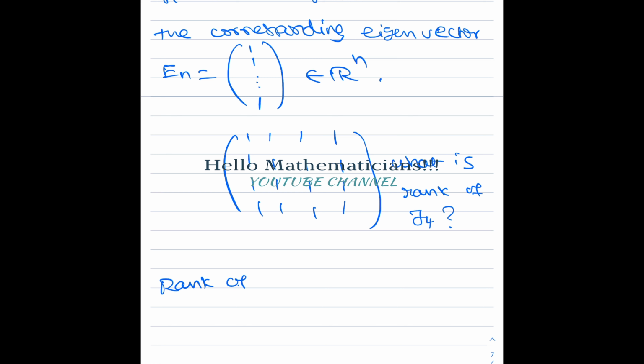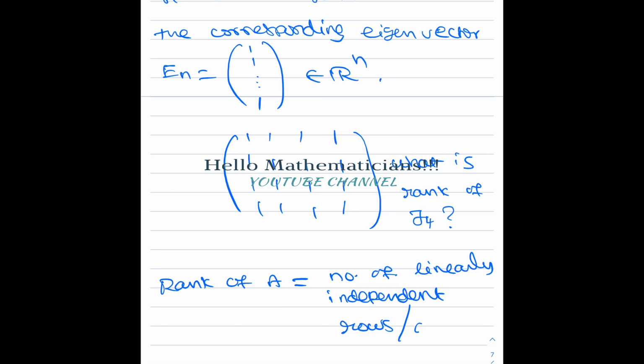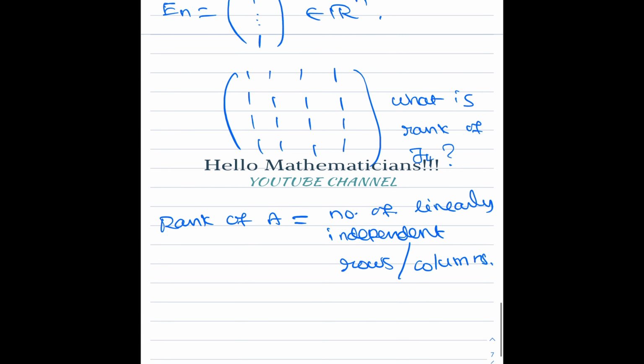Rank of A is defined to be the number of linearly independent rows or columns. If you look at the all one matrix, there is only one row. All the other rows are the same. So all the rows are equal.